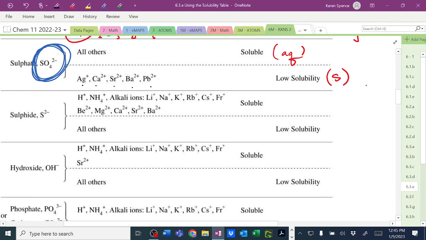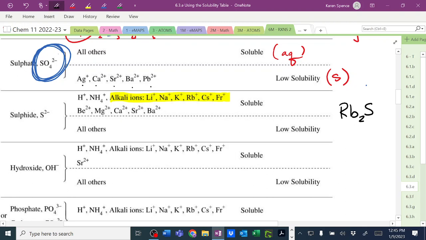I have been very kind to you this year. Have I been kind on the blue sheet? Oh, I have been kind. When you get to grade 12, these will no longer be listed for you. It will just say alkali ions and you won't have them listed out for you. I know they're on the periodic table, but I'll say, is rubidium sulfide soluble?